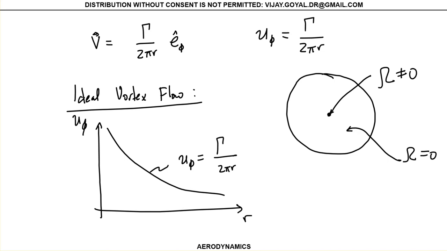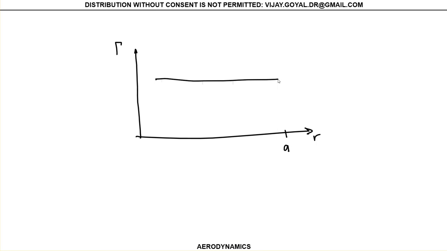Now, if I'm going to go ahead and plot, if you look at what happens here, based on this equation right here, we can show that, if I have my cylinder, right, and I go to my radius r, where my radius r ends in a, my circulation will probably remain constant until I get there.